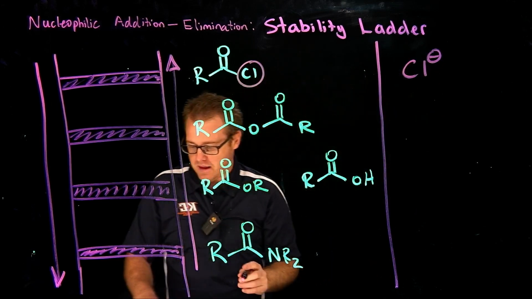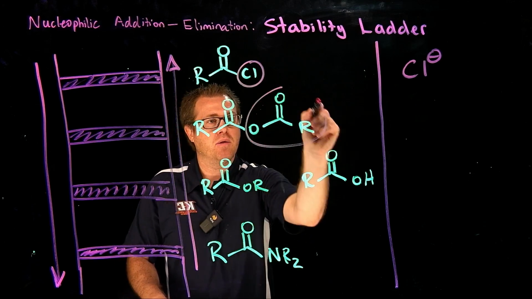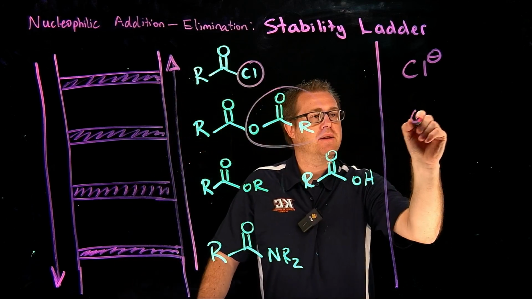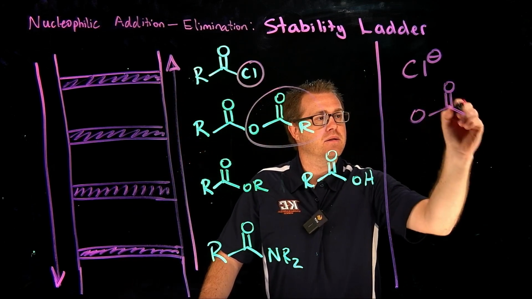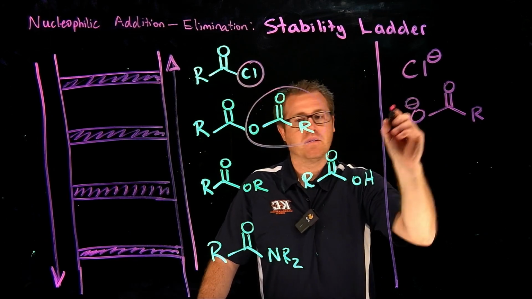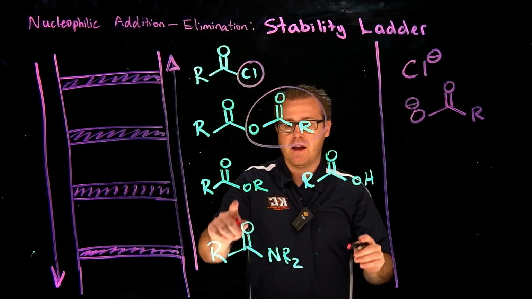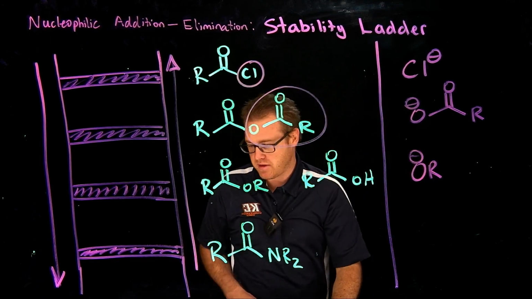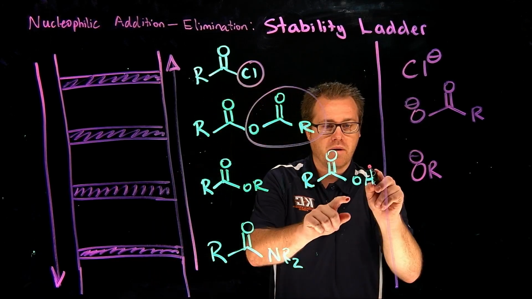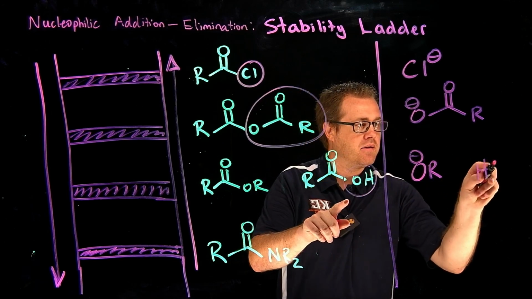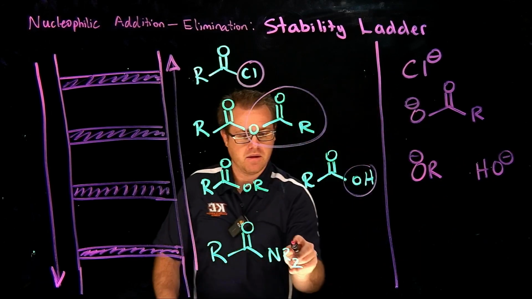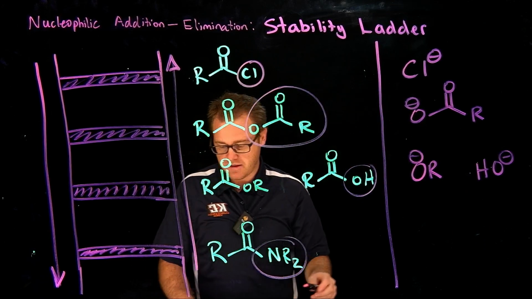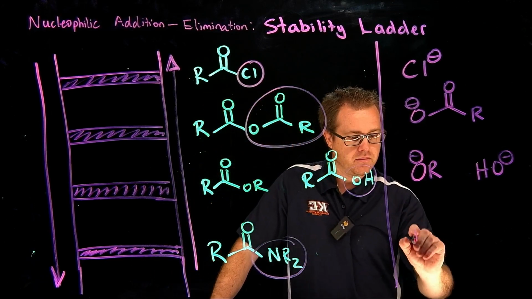And then this right here would be the leaving group, and that would give us something that looks like this. And then for the carboxylic acid, that would be the leaving group right there, or that guy right there. And then that would be the leaving group right there.